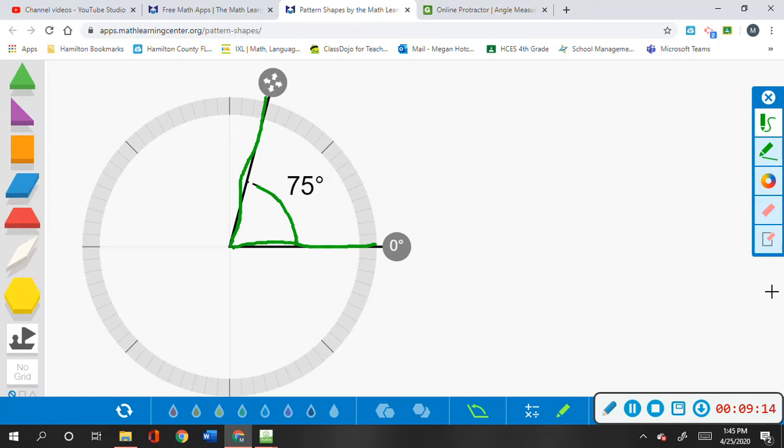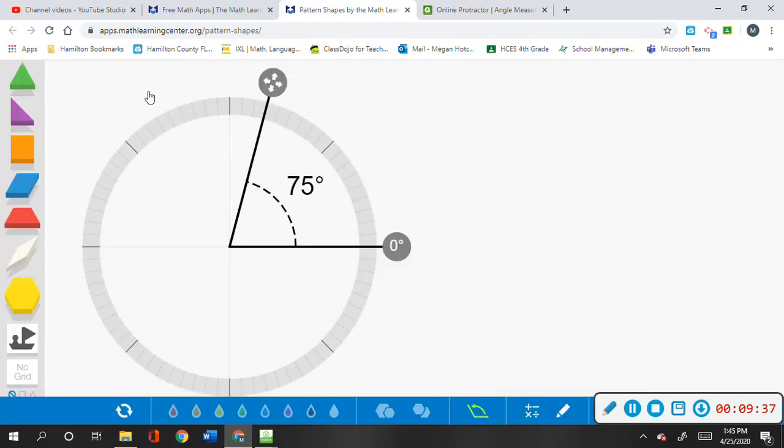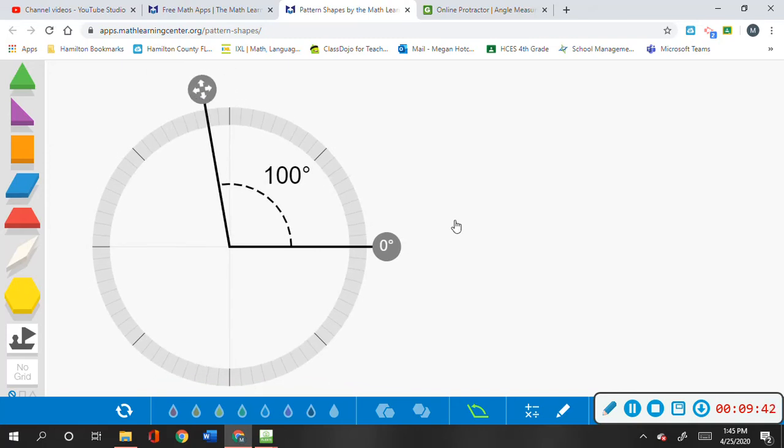If we wanted to draw an angle at 100 degrees, here's our 90 degree angle. This is our 180 degrees, so this is 180, this is 90. Now we want 100 degrees, so we'll reset. 100 degrees, here's 90, and then this is 100. So we have our vertex in the middle of our protractor.